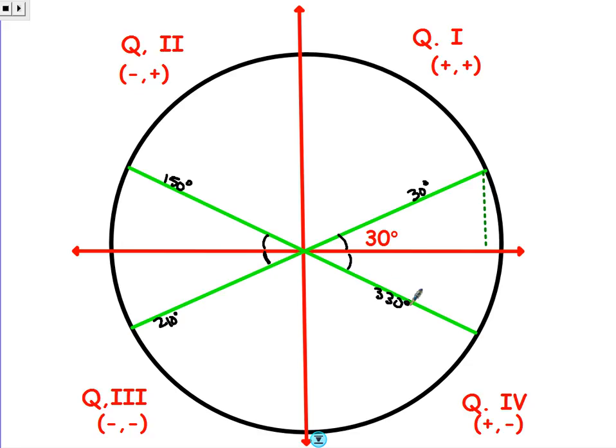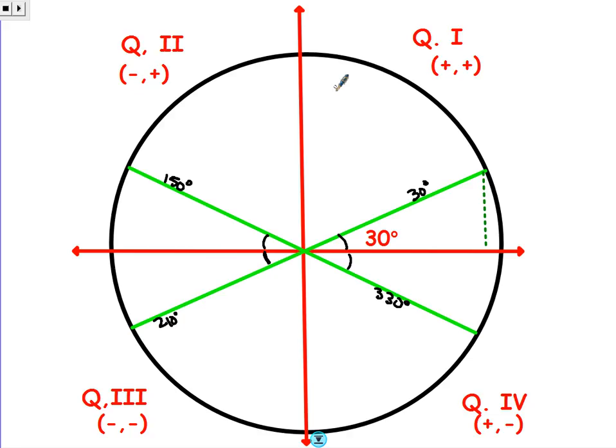So all of these angles are going to have some very interesting similarities. There are some subtle differences, but they're very, very similar. So you could almost memorize this first quadrant right here of the unit circle and just figure out these three real quickly based on that first quadrant because of all of this symmetry.